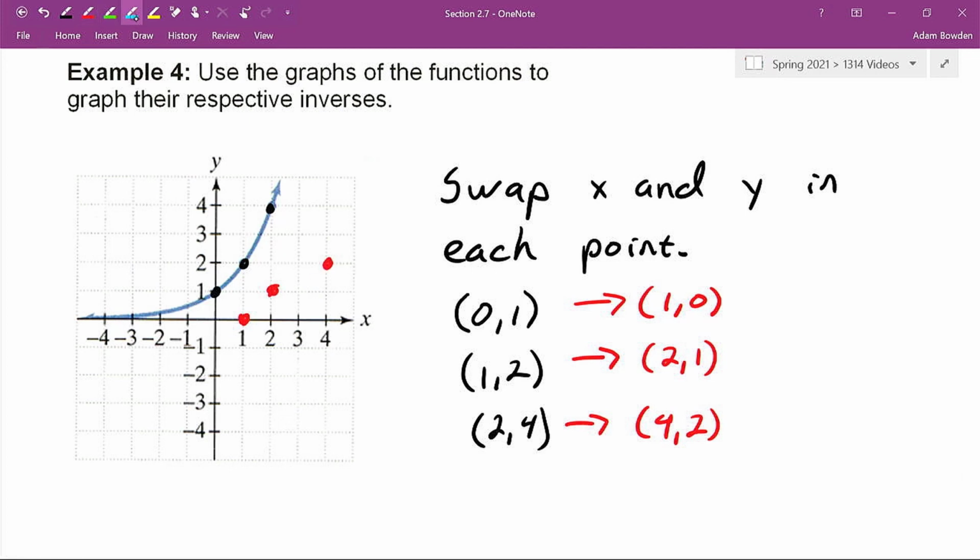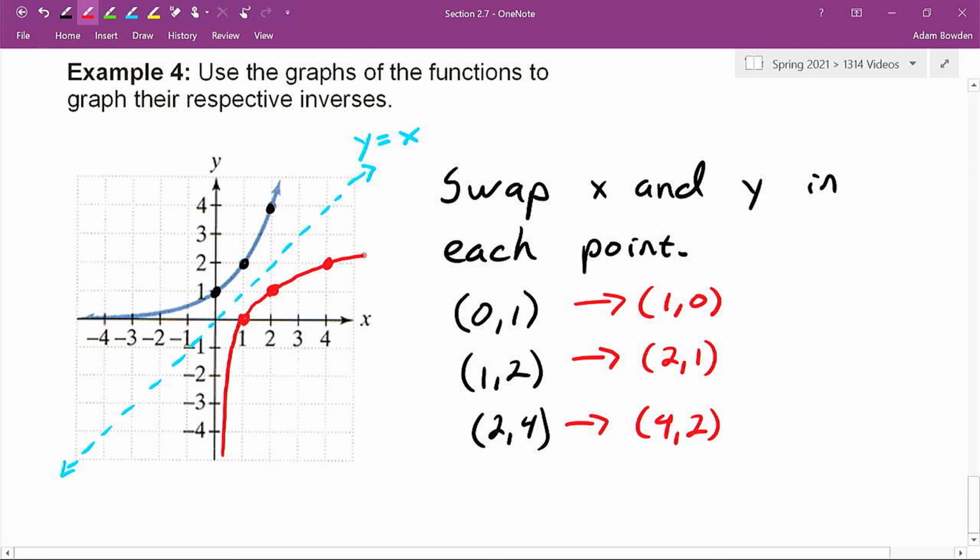Something else it mentions in the slides is that it's a reflection about the line y equals x. So they're referring to this line here that runs diagonally. And so the graph would reflect over that and into these points that we see here and do something like this. So if this was the graph of y equals f of x, then this one would be the graph of y equals f inverse of x.